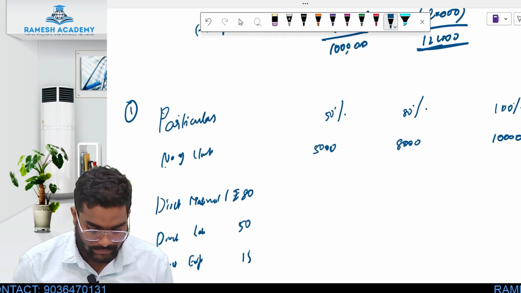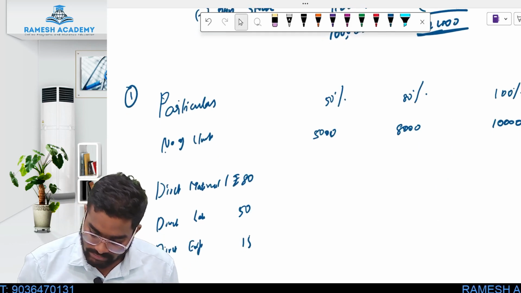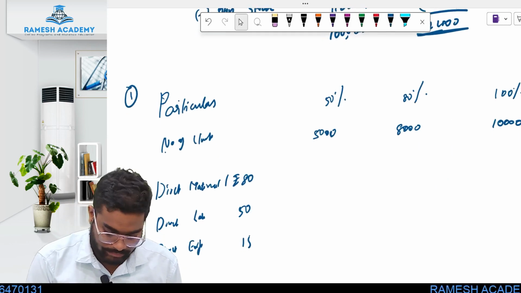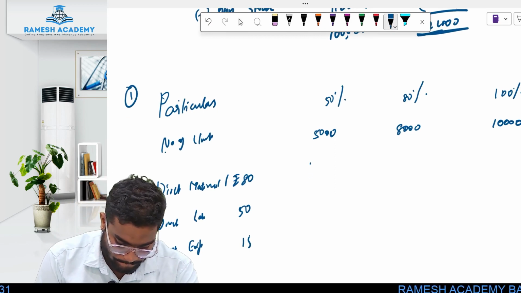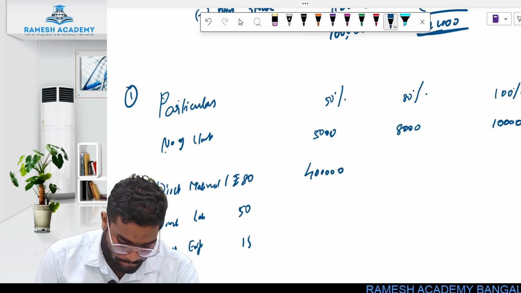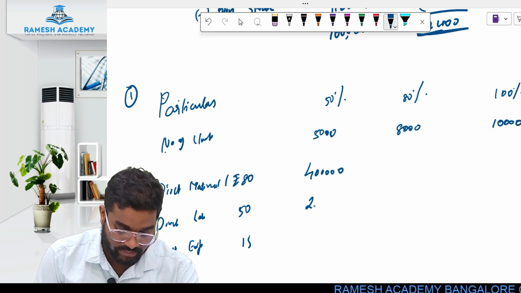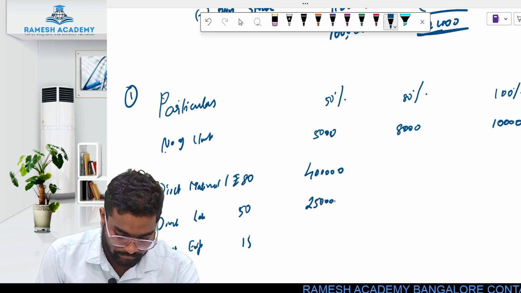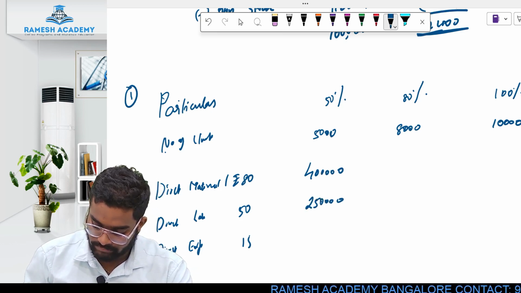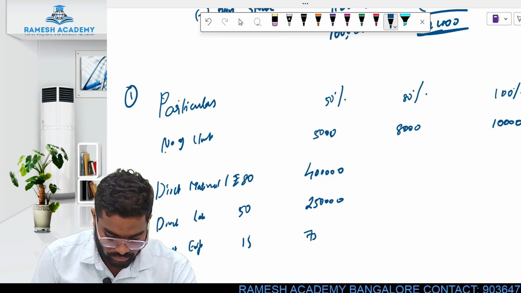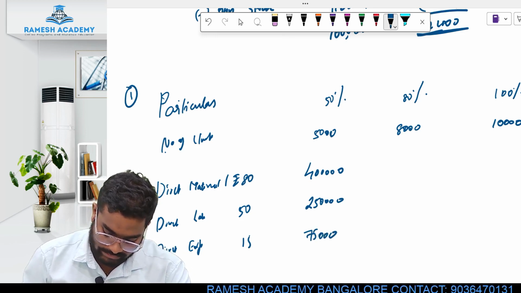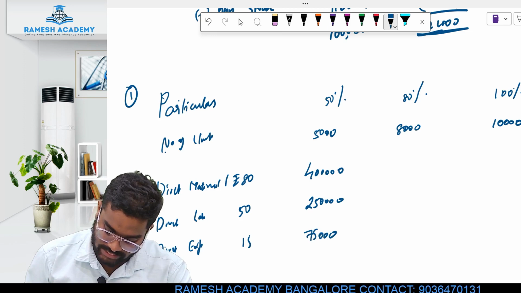Next, we'll start our labor work as usual. Multiplication into 80, which is 4 lakh. 50,000 into 50 is 2 lakh 50. 5,000 into 15 is 75,000. Okay, at 8,000 now. 8,000 into 80 is 6 lakh 40, I guess.